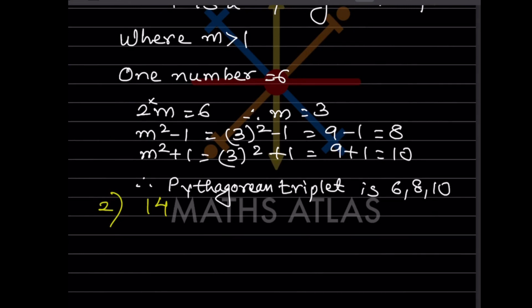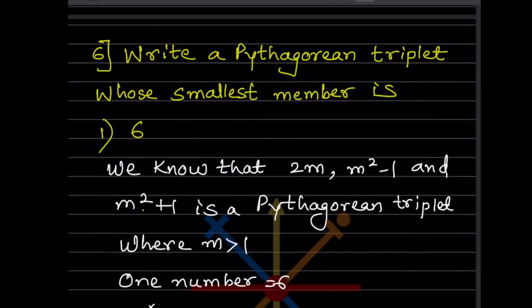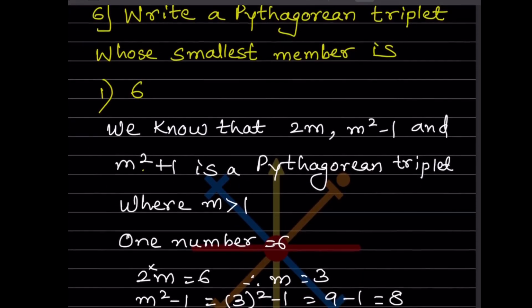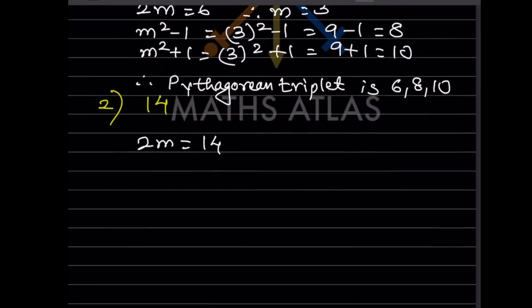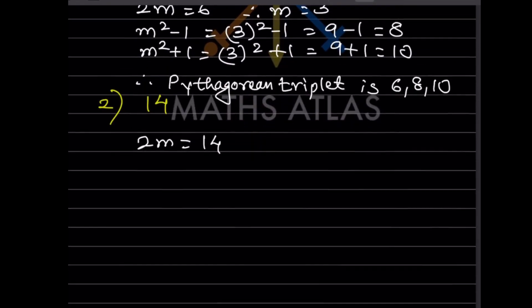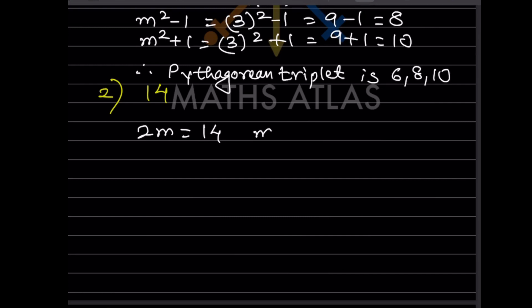For this one, what we'll get here, 2m is 14, because you know this is the Pythagorean triplet we have to start with: 2m, m square minus 1 and m square plus 1. So let us start. 2m is 14. So m is going to be 14 divided by 2.